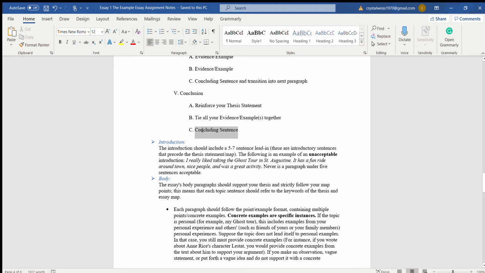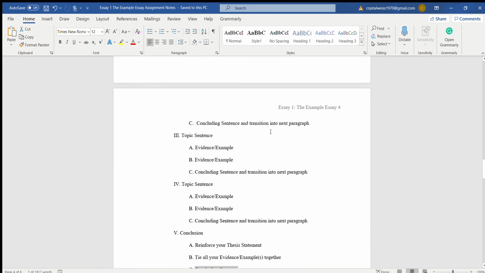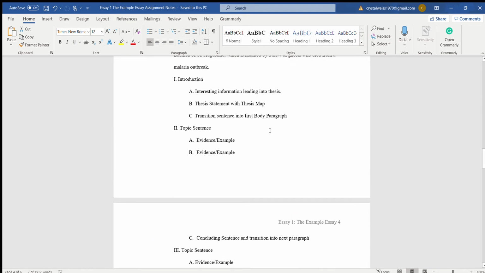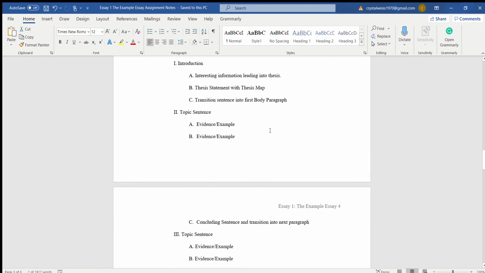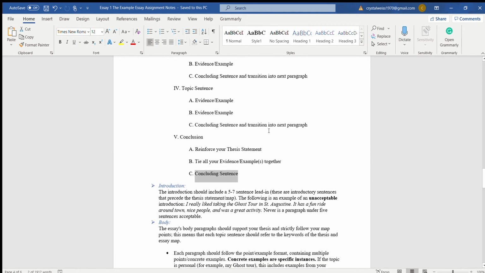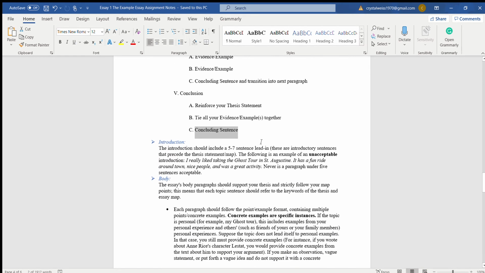I call this your Eureka Sentence. What did you learn from writing all of this? You should have learned something, some little profound thing.